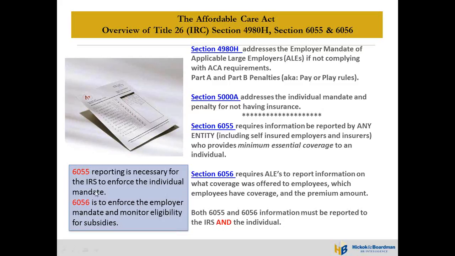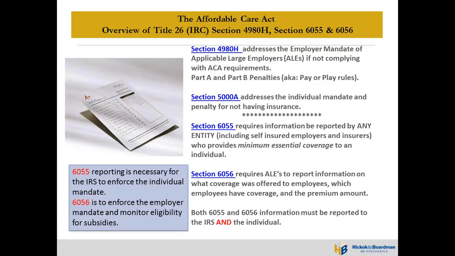The Section 6055 reporting, again, applies to self-insured employers and insurance carriers or entities that provide minimum essential coverage. So this is going to be reporting that is done to individuals.